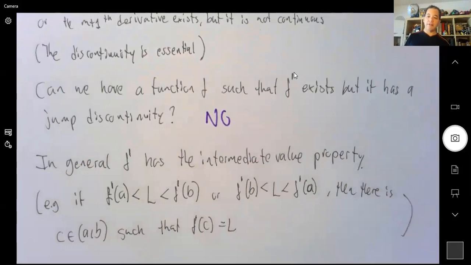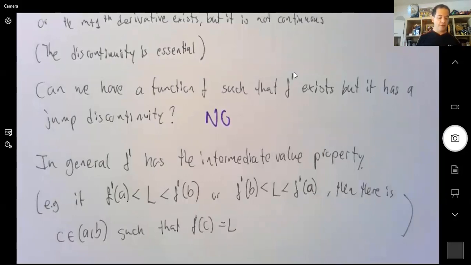So that's the intermediate value property. So if you achieve two values between A and B, then you must achieve any other value in between. Okay, so even though the derivative may not be continuous, it still satisfies this intermediate value property.